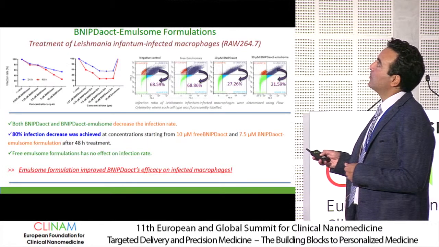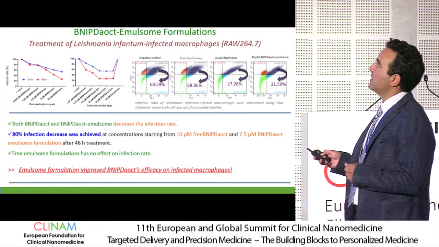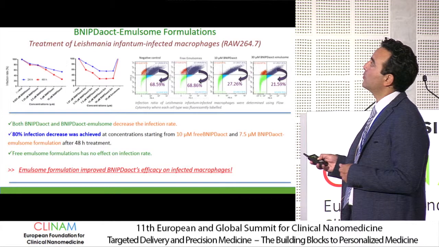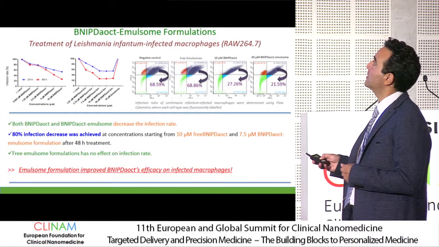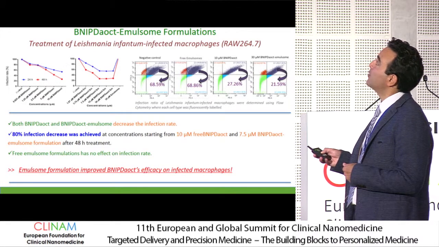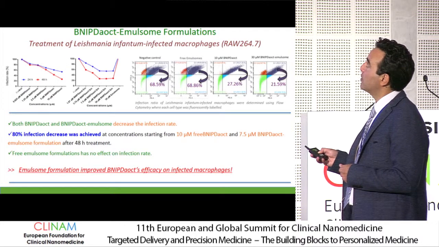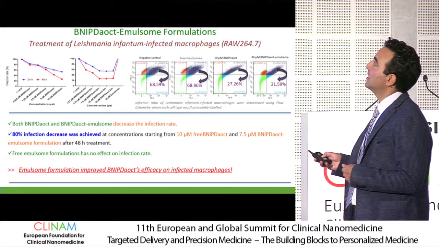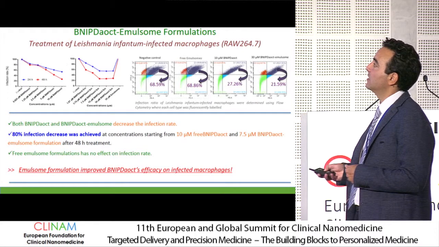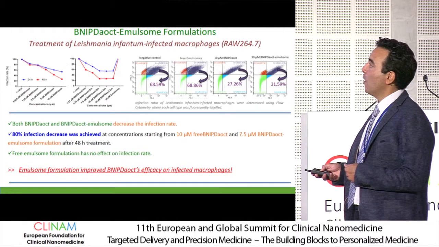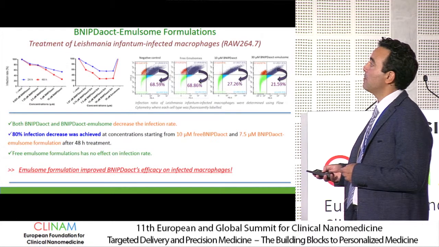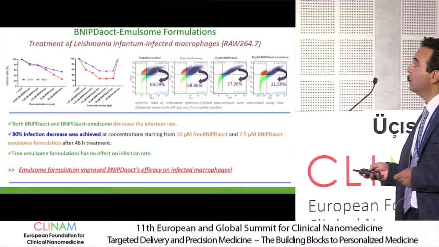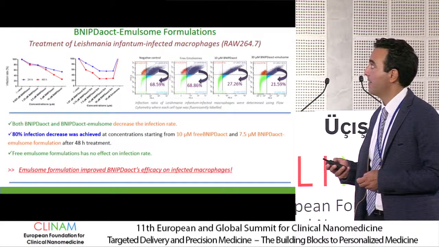And after treatment with 10 micromolar BNIP DAOCT free molecules, it dropped to 27.26%. And after treatment with 30 micromolar BNIP DAOCT emulsion, we could achieve 22%. So overall, the emulsion formulation improved BNIP DAOCT efficacy on infected macrophages.